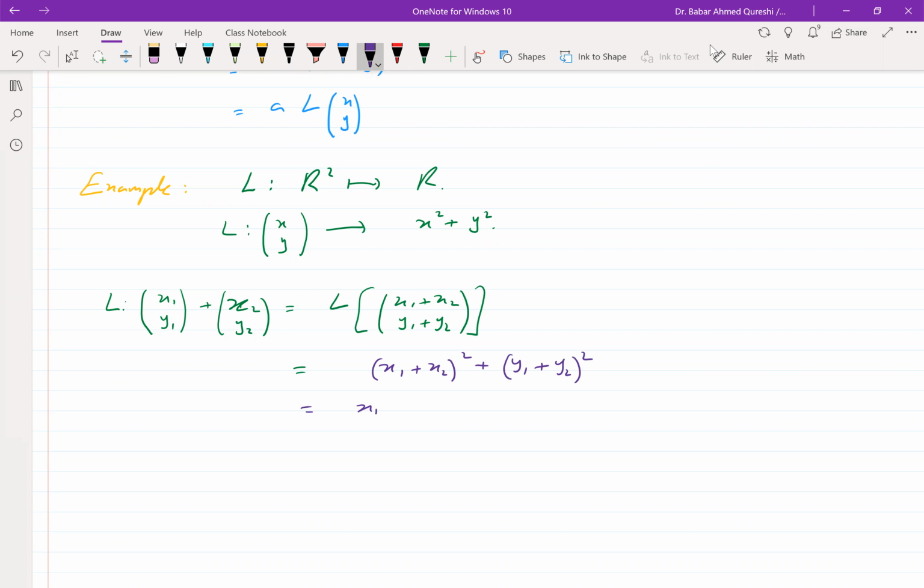So this is x1 square plus x2 square plus 2x1x2 plus y1 square plus y2 square plus 2y1y2.